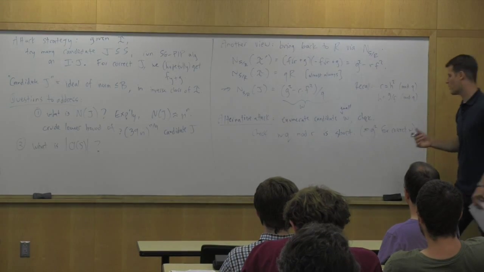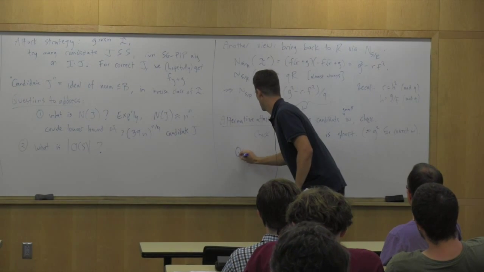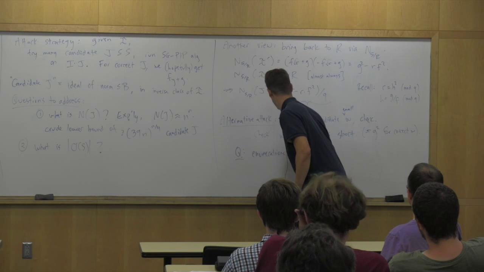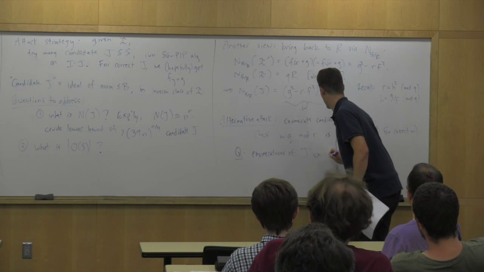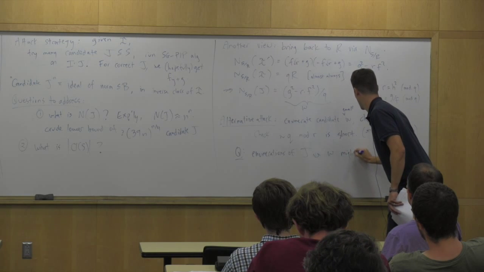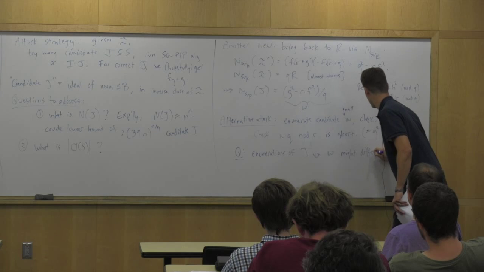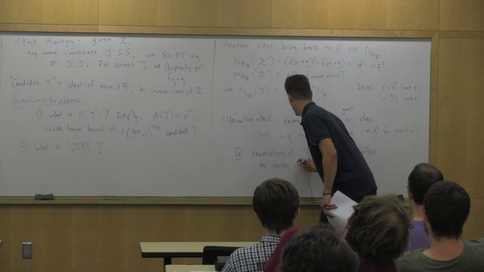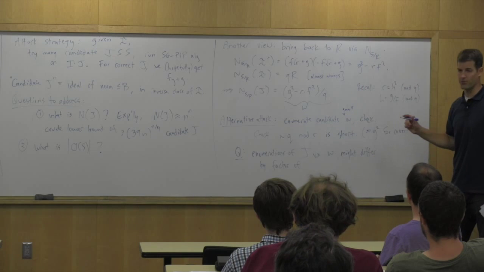So there's a question that arises here. The enumerations of J versus of W might differ by a factor of the relative class number of S versus R.